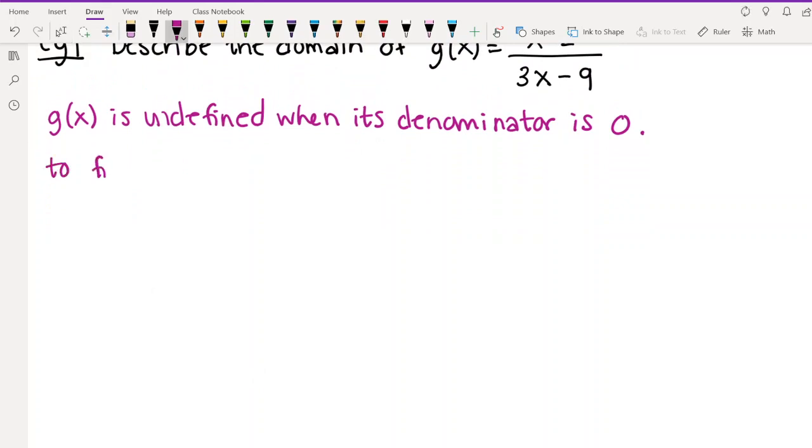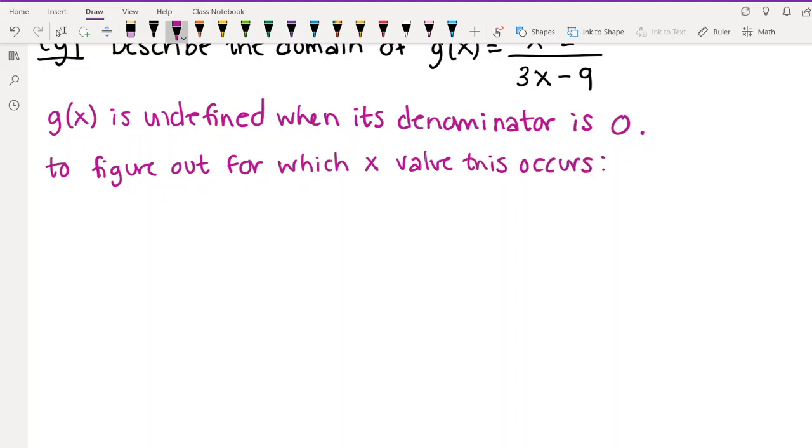So to figure out, let me say it this way, for which x value this occurs, what we can do is set the denominator equal to 0. And so that's going to tell us that 3x is equal to 9, and that will tell us that x is equal to 3.